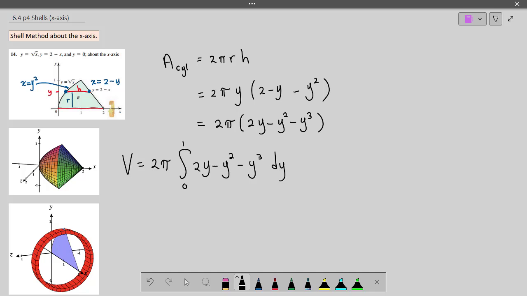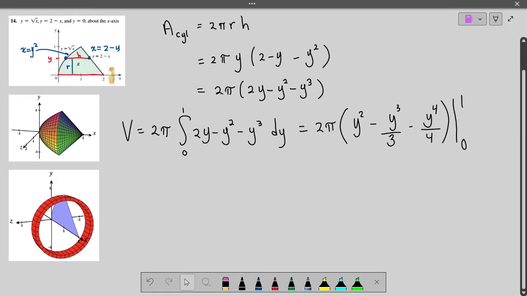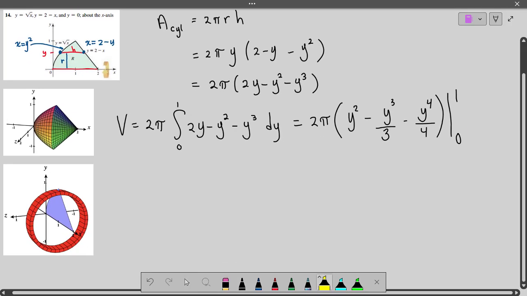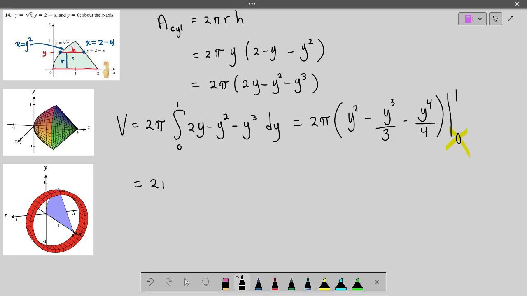The integration part here is fairly routine because we have polynomials. So we get y squared over 2, the 2's cancel, we get y cubed over 3, y to the 4th over 4. Oh, I already integrated. Not a dy, an evaluation symbol, 0 to 1. 0 contributes no volume, so we will end up with 2 pi times 1 minus 1/3 minus 1/4.